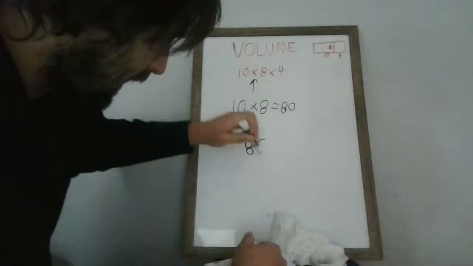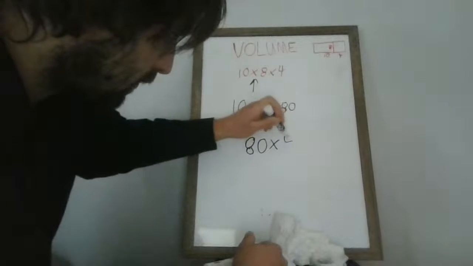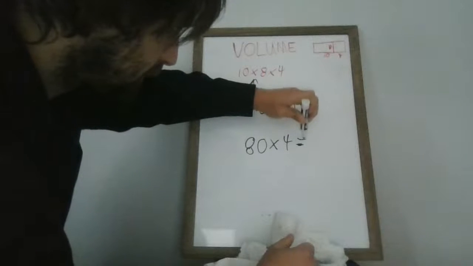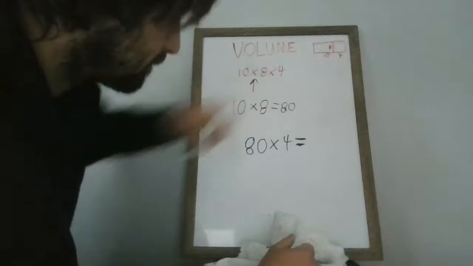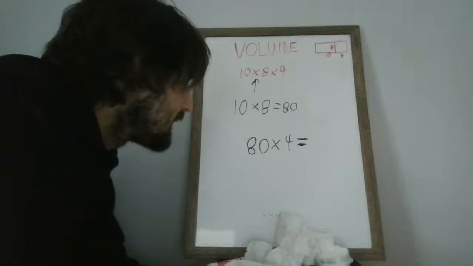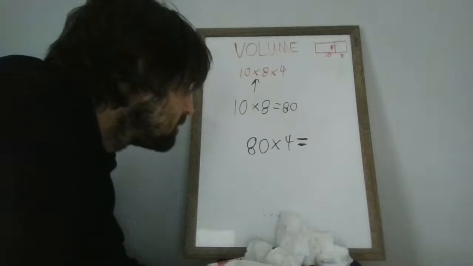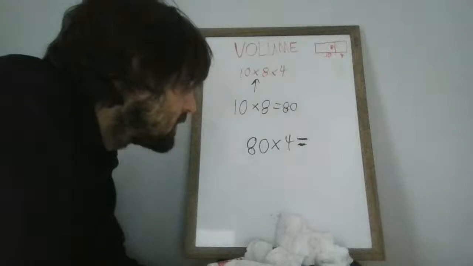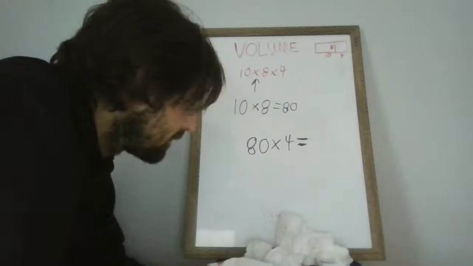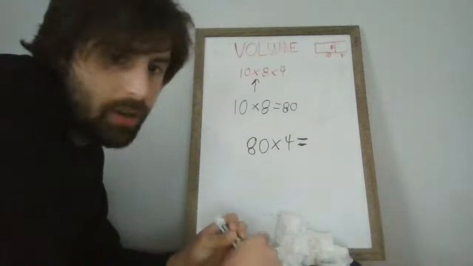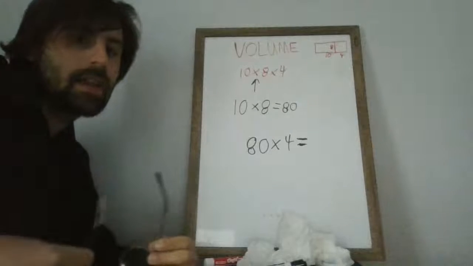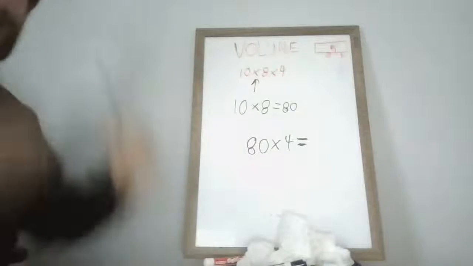Now we have 80 times 4. All right, so to figure out what 80 times 4 is, pretty simple. All you got to do is multiply 8 times 4 and add a 0 to your answer. So 8 times 4, let me count by 8s to figure out what 8 times 4 is, and then I'm going to add a 0 to my answer, and we'll have our answer.